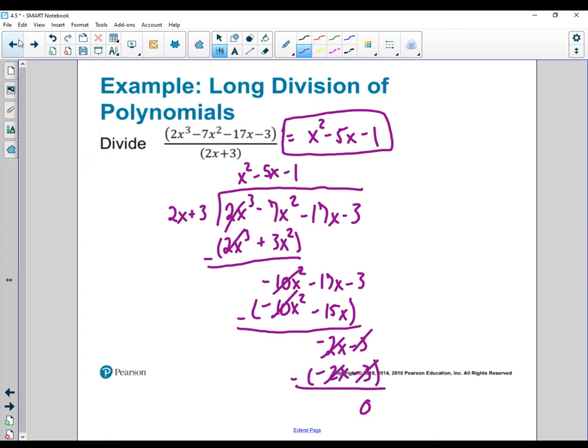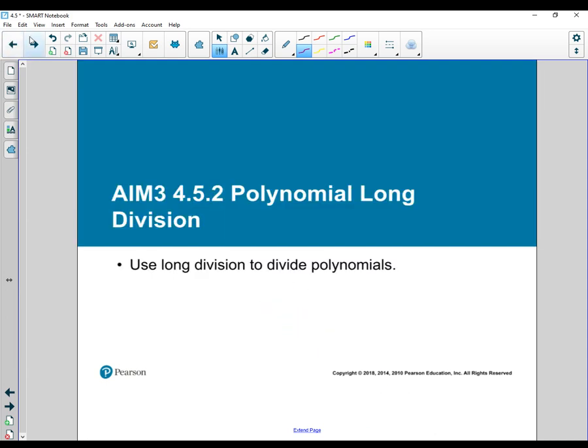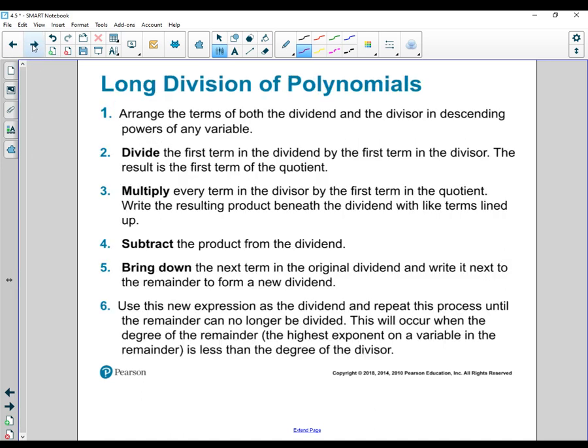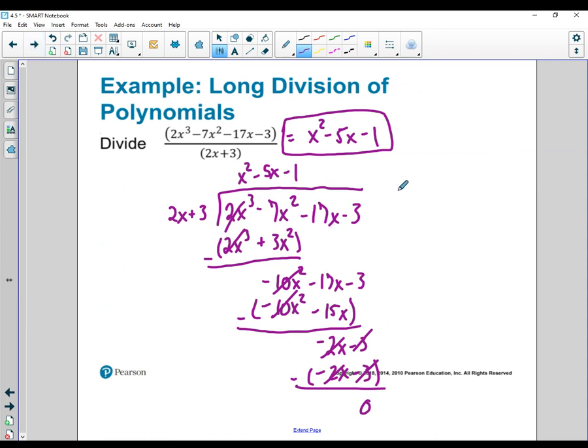Because let's real quick go back and think about this. So this one here, when you say 176 divided by 8 is 22, what you're really saying also is that 8 times 22 is 176, right? If you multiply the 8. That's what division means. That's just going backwards in division. Well, here what you're saying is this thing on top, this whole thing equals these two things multiplied together.